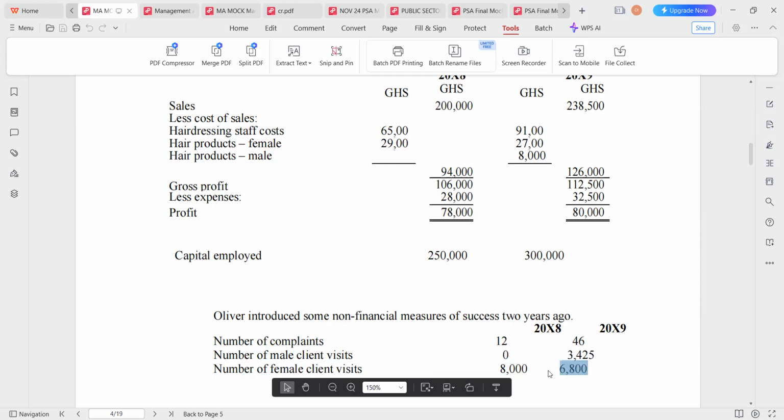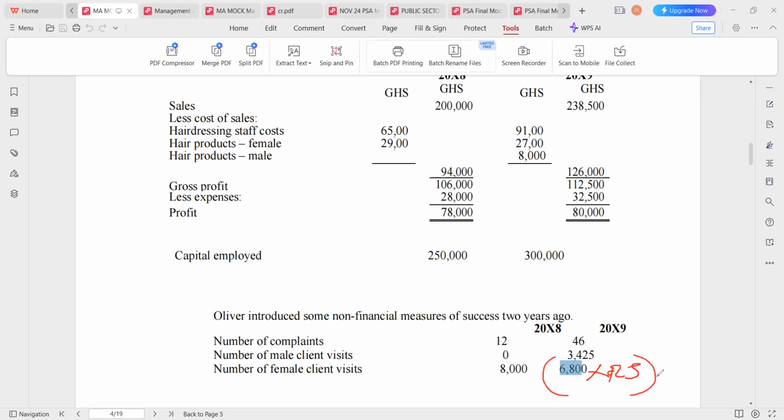The female clients are 6,800. So multiply 6,800 by 25 cedis. What do you get? That's the revenue coming from female in 2019. 170,000. So in the entire 2019 revenue, 170,000 is coming from female.